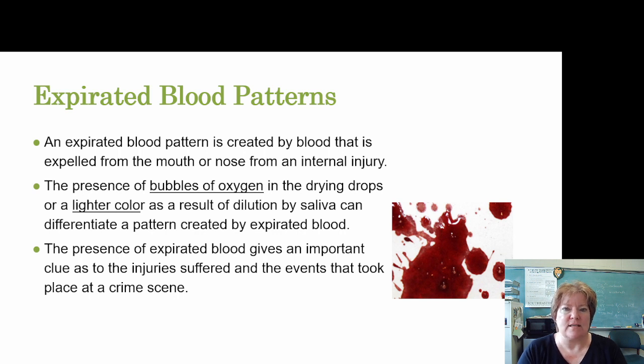And so what you see is the bubble gets stuck in there. You can see the remnants of the bubble. You can see over here where you see air bubbles stuck in these patterns. That's telling us that this probably came from a path where there was air. So this would be from the airway, the lungs, the nose, the mouth, and that tells us a source of where the injury in the person was.